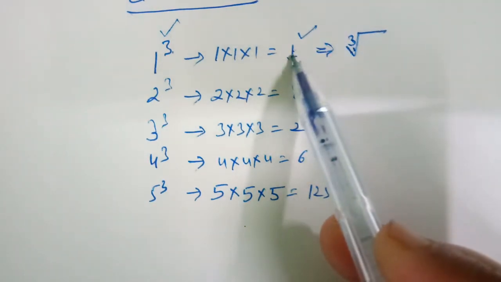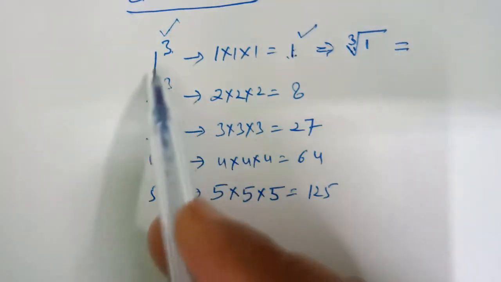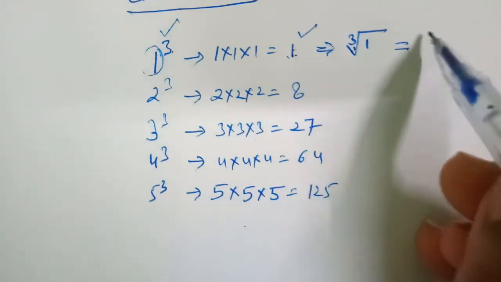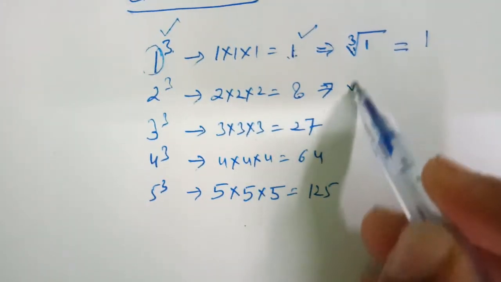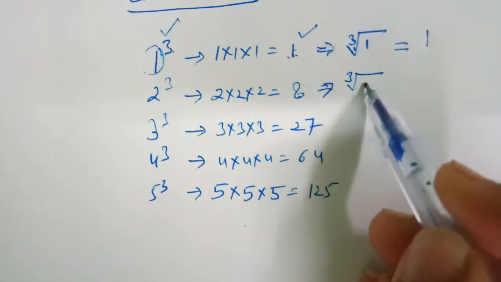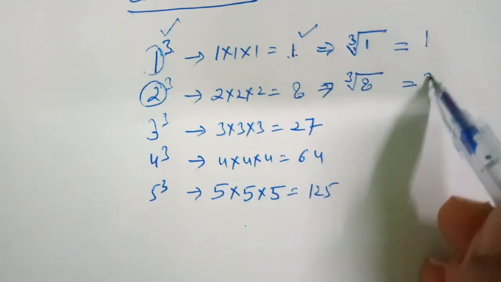So if we write cube root of 1, then the answer will be 1. If I write cube root of 8, then the answer will be 2.